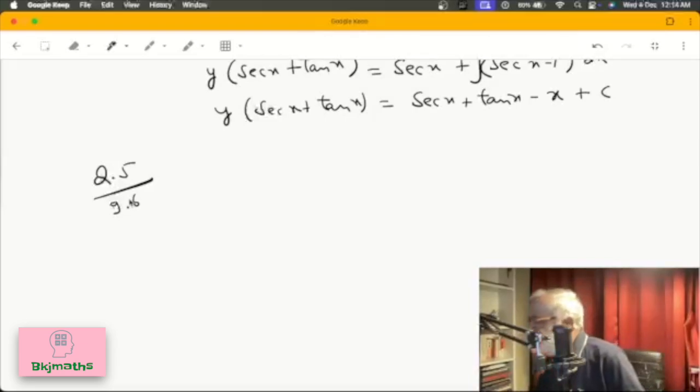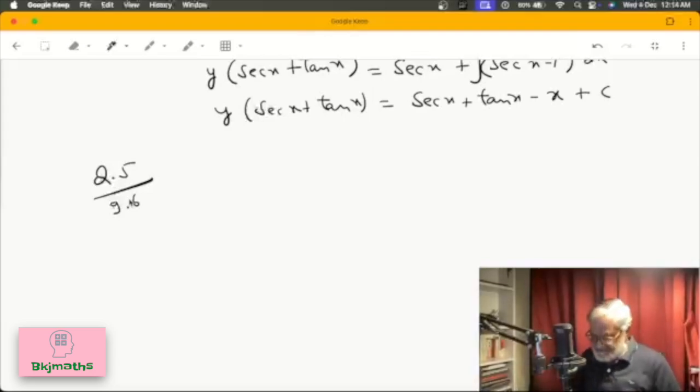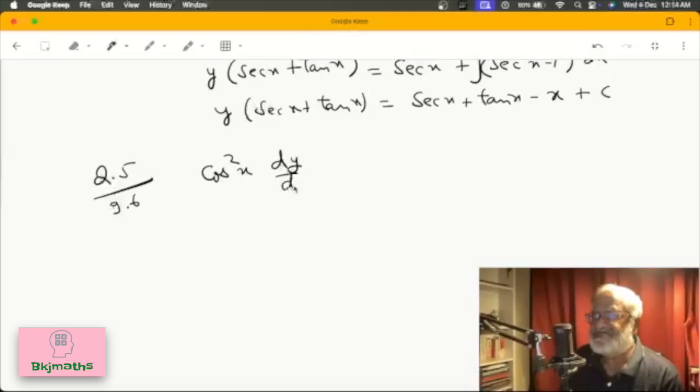The question is, find the general solution of cos square x into dy by dx plus y equals to tan x.